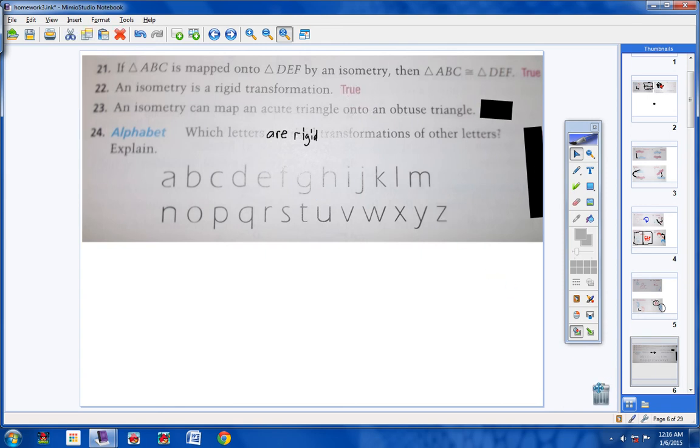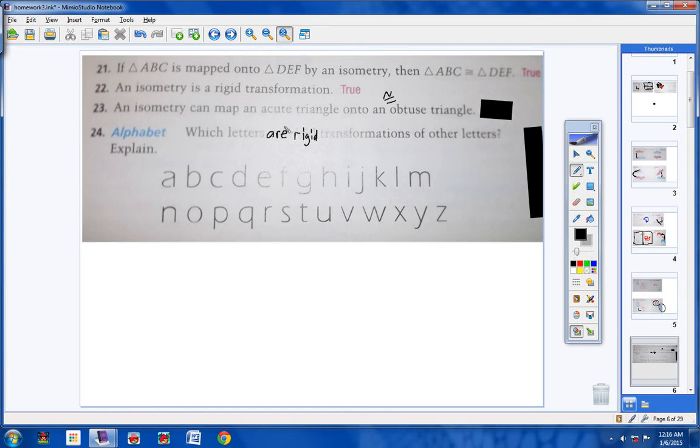An isometry can map, or in other words, rotate, or reflect, or translate an acute triangle onto an obtuse triangle. Well, of course not, students. An acute triangle can never be congruent to a what triangle? Obtuse. That's impossible.